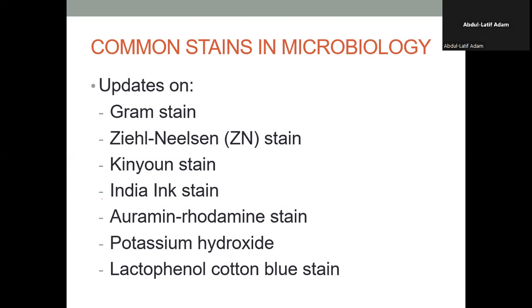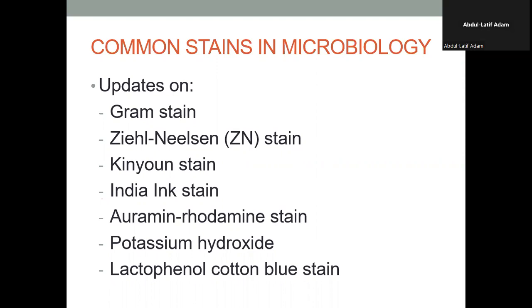So what it means is that the auramine will attach itself to the mycolic acid, and now under a fluorescent light, that organism will begin to emit a specific light, and the light here is normally a yellow light.